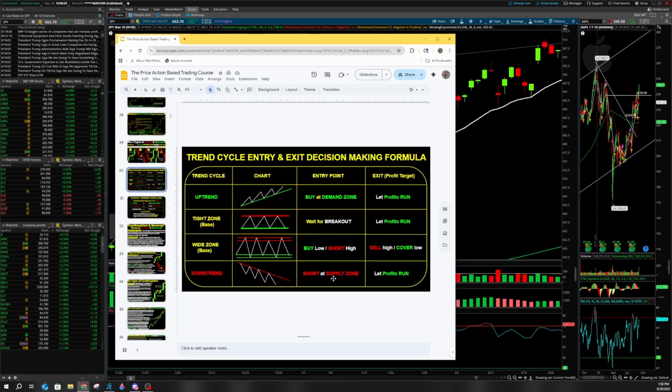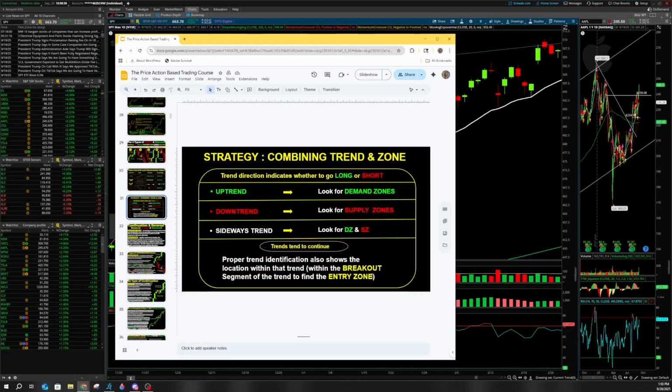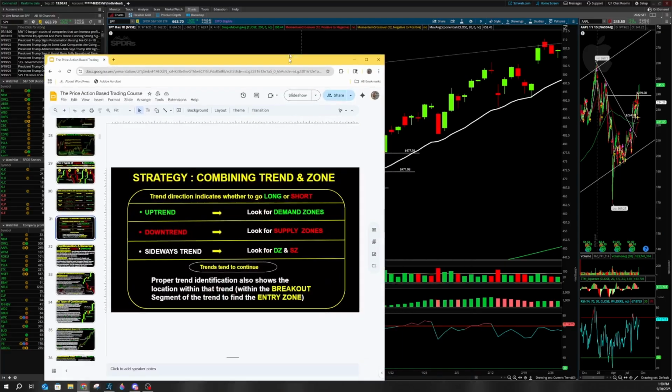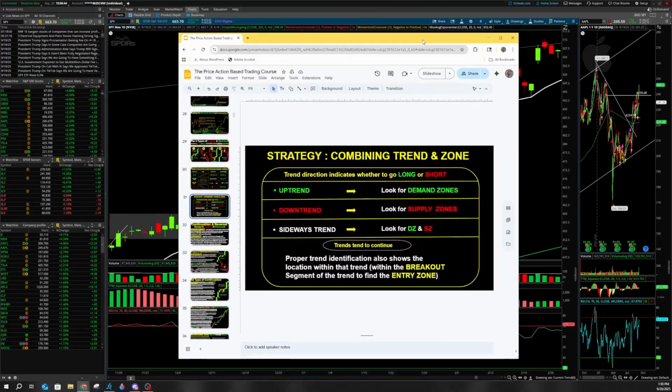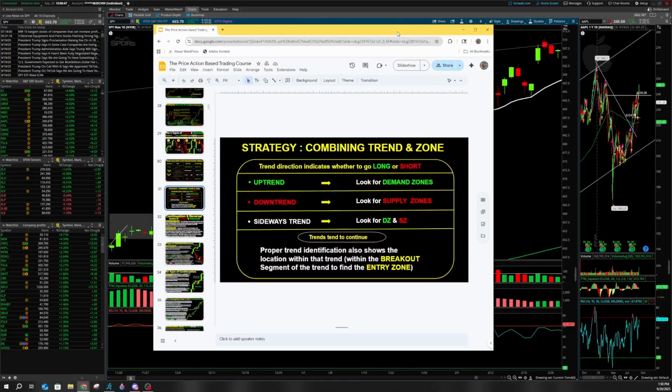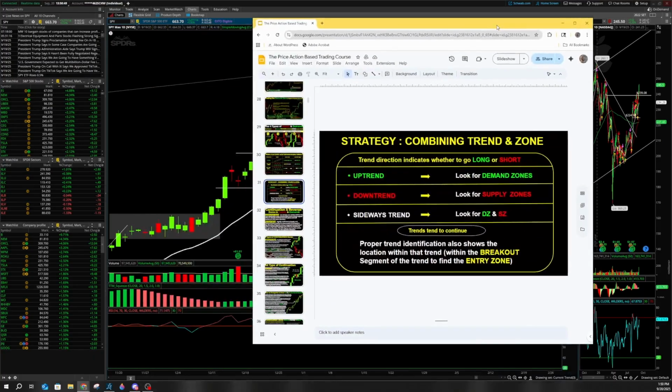Whatever the supply zone is, whatever informed the supply zone is, you're shorting at the supplies, and you're expecting the support levels to be broken down because you're in a downtrending market. Makes it very, very simple, takes out the guesswork, takes out all the emotions, and it just puts me right where the smart money is, where the larger participation is, which in this case would be the uptrend.